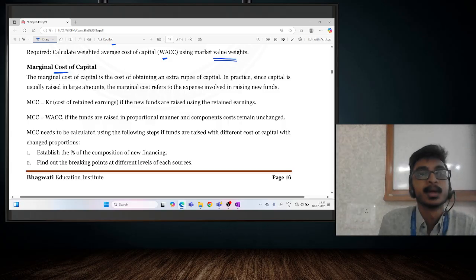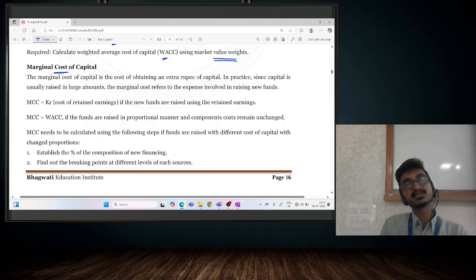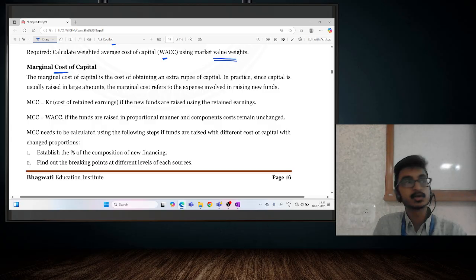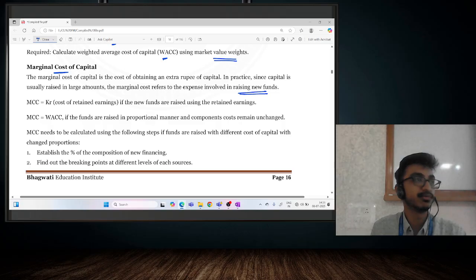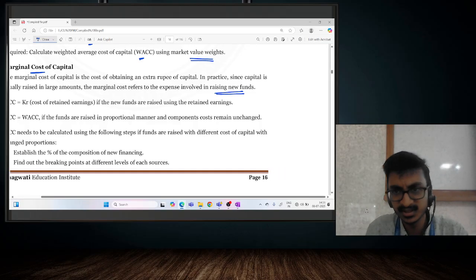So listen. Marginal cost of capital is the cost of obtaining an extra rupee of capital. In practice, since capital is usually raised in large amounts, the marginal cost refers to the expense involved in raising new funds.